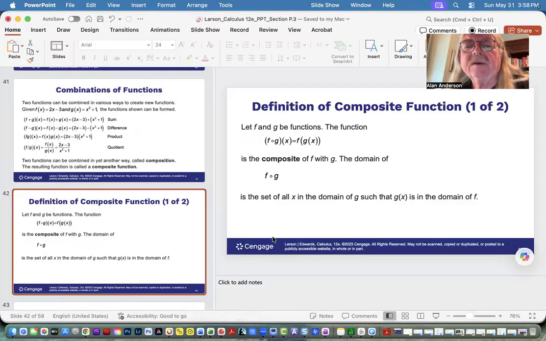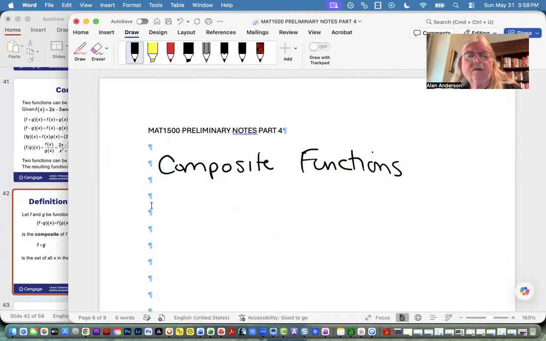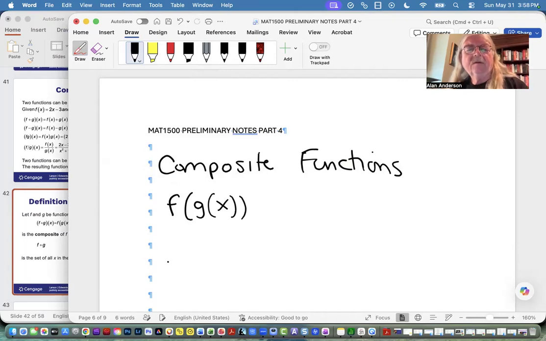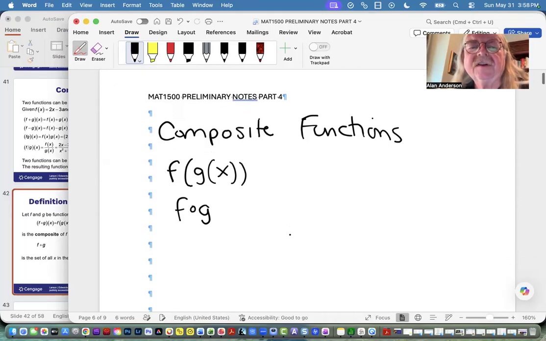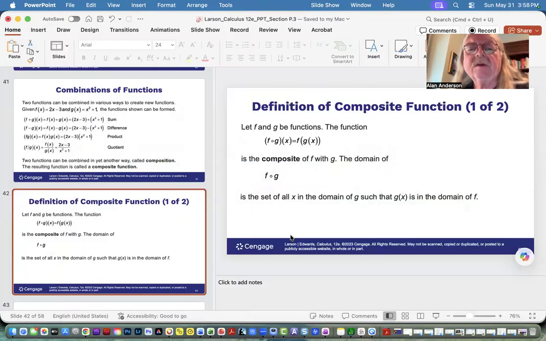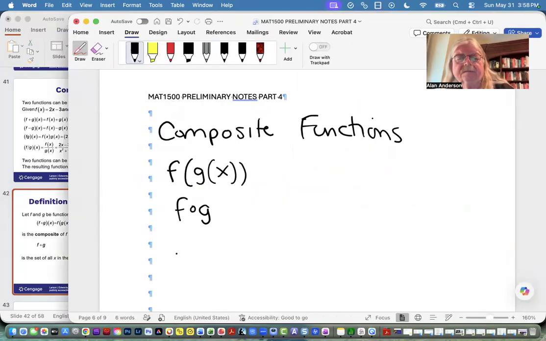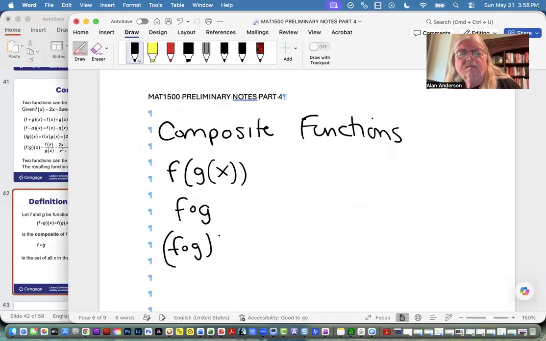There are a few different ways we can write this. We can write f of g of x. We can write f, and this little circle here is used to represent a composite function. And then sometimes we write it like this. You should just be aware they all mean the same thing.